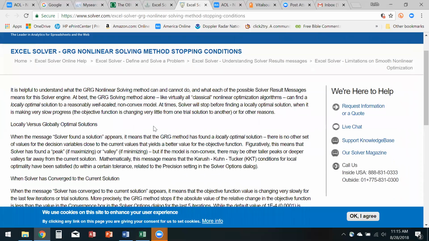Interestingly, see, the GRG nonlinear says we believe the data don't fit that nice little graph we had that's linear. These data are nonlinear, and so that means we can get two types of solutions, local and global. And the authors do a good job of explaining that the solver finds a locally optimal solution.